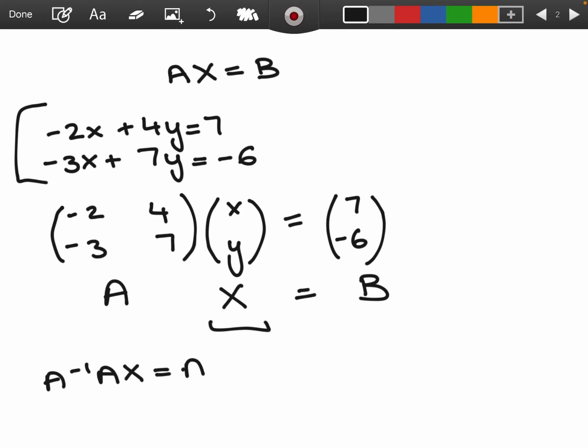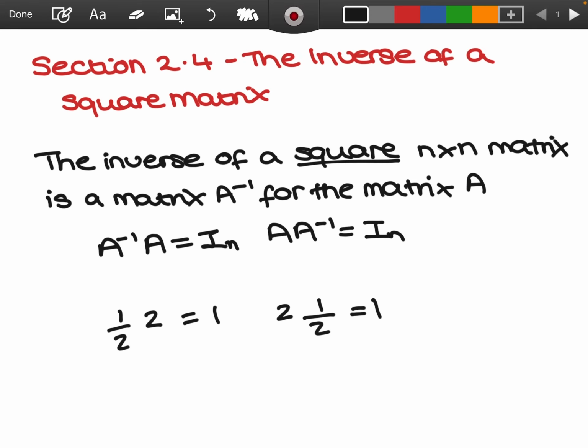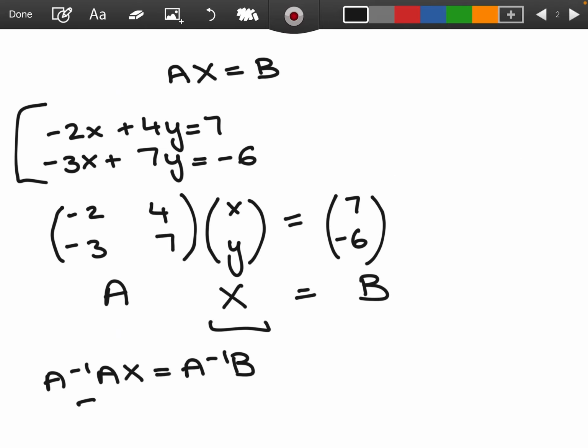All I have to do is multiply both sides of my equation by that matrix A inverse. Okay, I've just multiplied both sides through by A inverse. By doing that, if I go back to my definition here, A inverse multiplied by A is just the identity matrix.